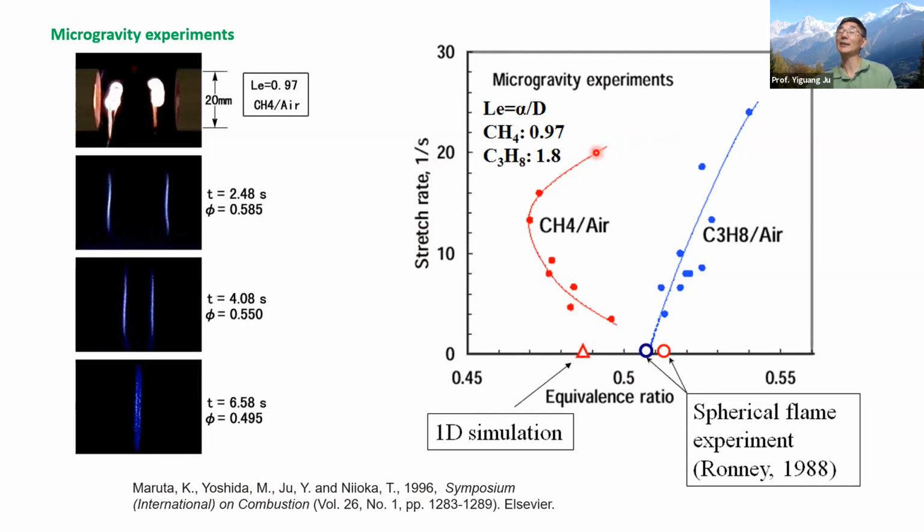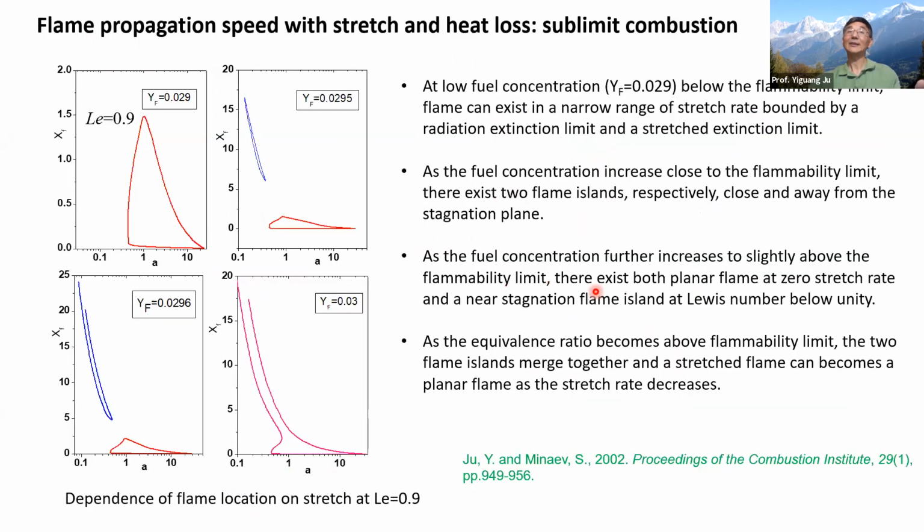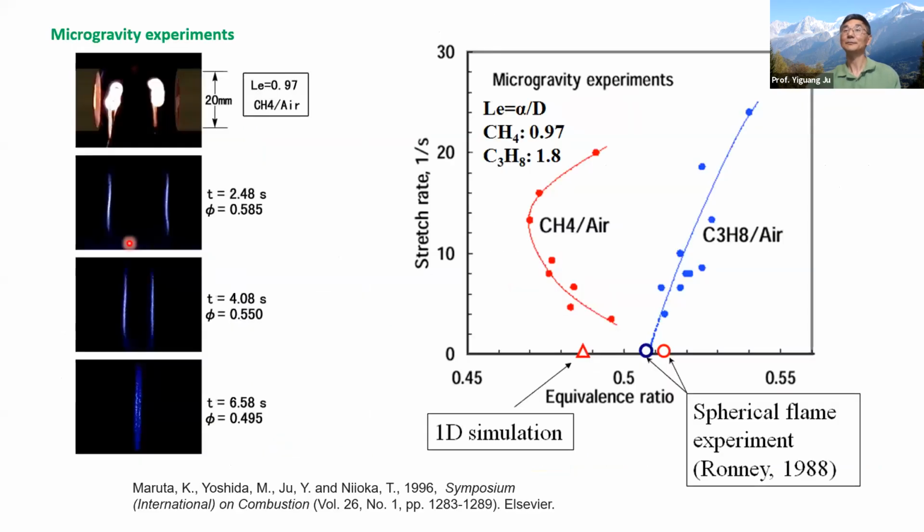One is at high velocity, the other is at lower velocity. These two limits are exactly what is predicted here: stretch at high strain rate, radiation at low strain rate. So this curve basically defines the burning limit; a flame can only exist in between. This point is what they call the flammable limit.